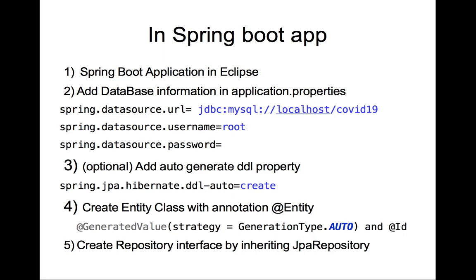That means the table whichever you are going to use is going to be created automatically if it doesn't exist. Then you can go for creating a class which is called an entity class, that is going to represent our table. And number 5, we are going to create an interface which is going to be called a repository, that is going to represent the database or the table to the application.